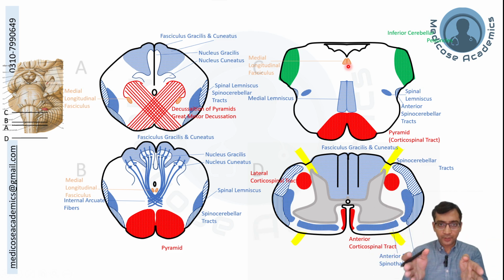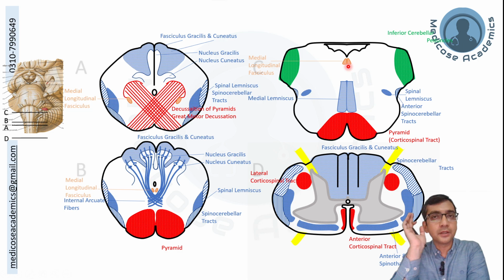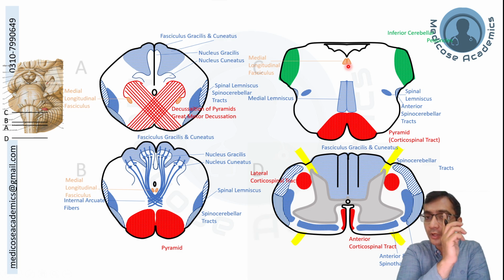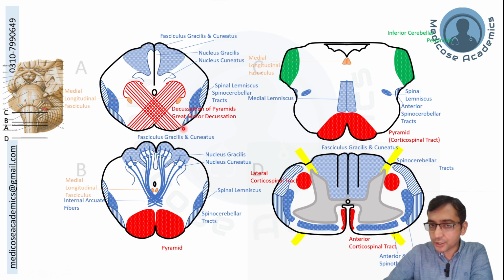For example, when you are looking at one side, I am looking to the right now. At this point, when I am looking to the right, on one eye, the sixth cranial nerve nucleus is involved for the lateral rectus. On the other eye, the third cranial nerve nucleus is involved for the medial rectus. So this medial longitudinal fasciculus maintains this coordination.